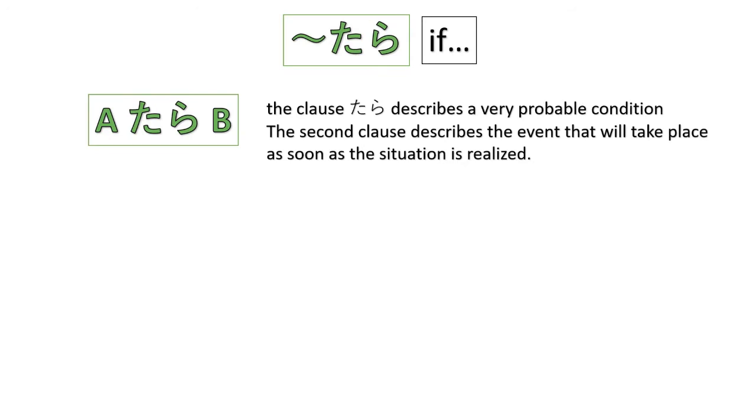Sometimes the tara clause describes a very probable condition, and the second clause describes the event that will take place as soon as the situation is realized. With this type of sentence, tara simply arranges future events and activities in temporal sequence.